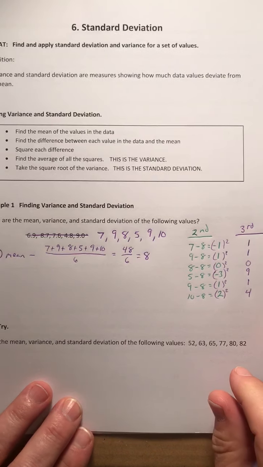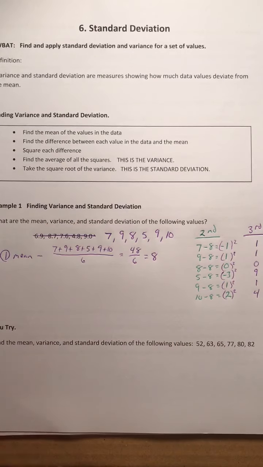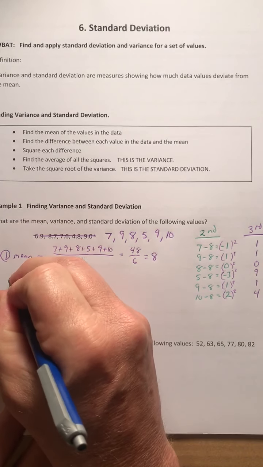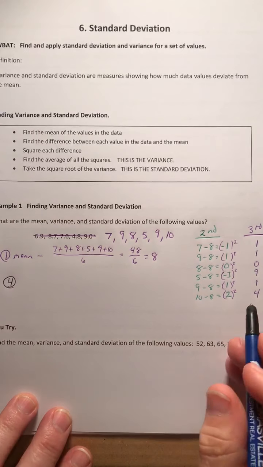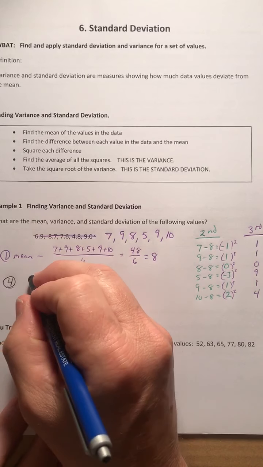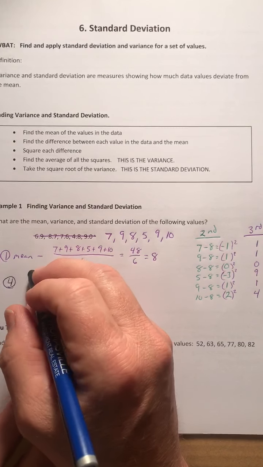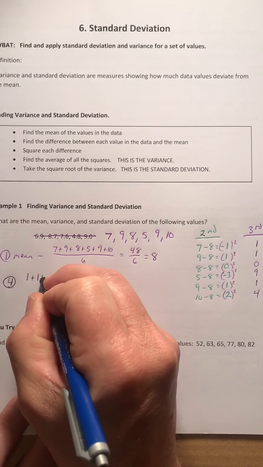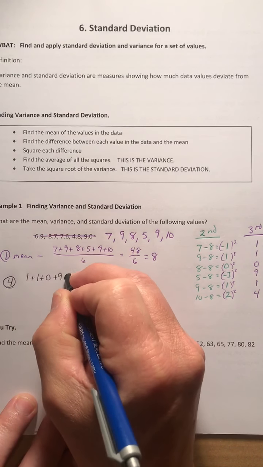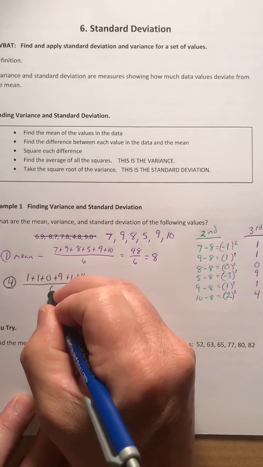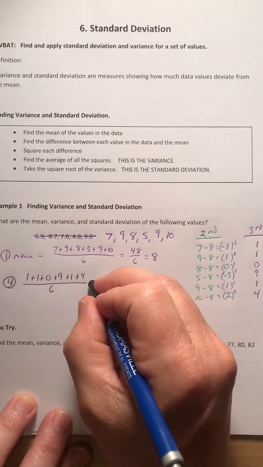Now, the fourth step is to find the average of all these squares. We're going to do the same thing; the mean was the average. So we're going to do 1 plus 1 plus 0 plus 9 plus 1 plus 4 divided by 6. Let's see, we got 10, that's 16.